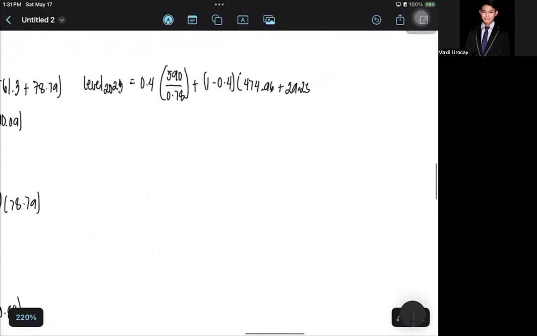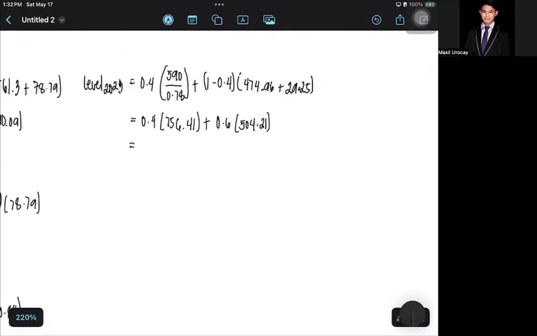So calculating that one, 590 divided by 0.78 is definitely 756.41. 0.4 times 756.41, plus the parameter 0.6 times 474.96 plus 29.25, that will equate to 504.21.